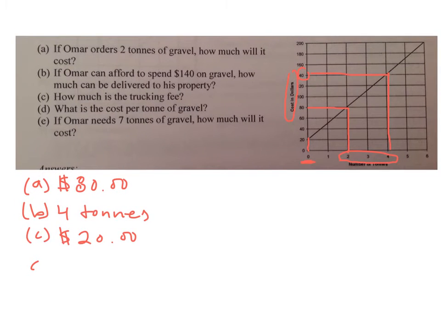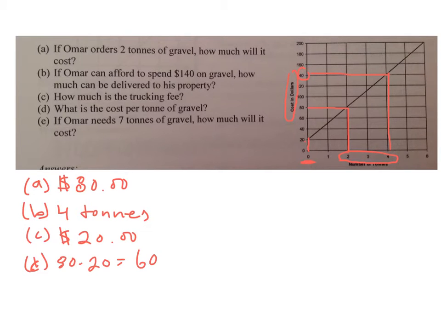To figure out how much it's going to cost per ton of gravel, I have to look at how much it costs as the amount of gravel I order increases. So when I ordered no gravel, it was already going to cost me $20. When I order 2 tons of gravel, it costs me $80. So the difference between no gravel and 2 tons of gravel is $60.